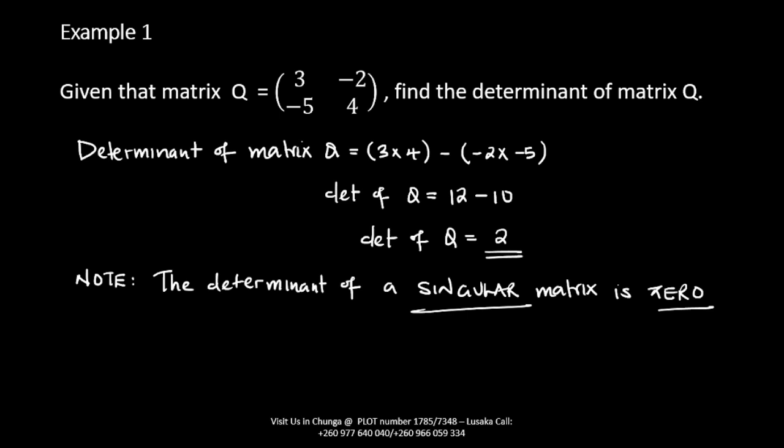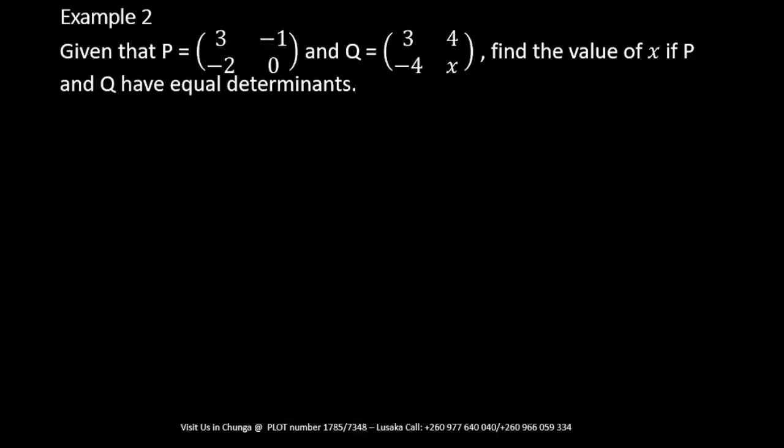So we can look at example number 2. Given that P is equal to 3, -1, -2, and 0, and matrix Q is equal to 3, 4, negative 4, and x. Then we are told to find the value of x if P and Q have equal determinants.